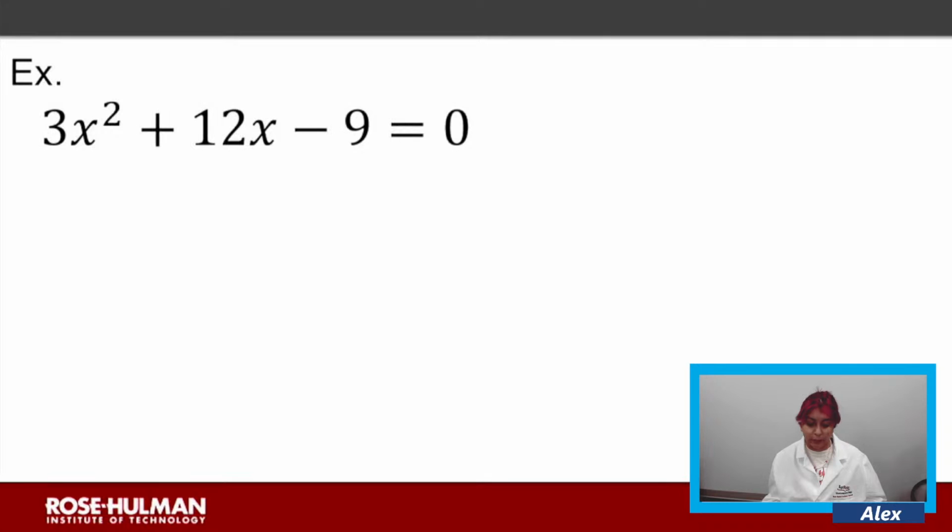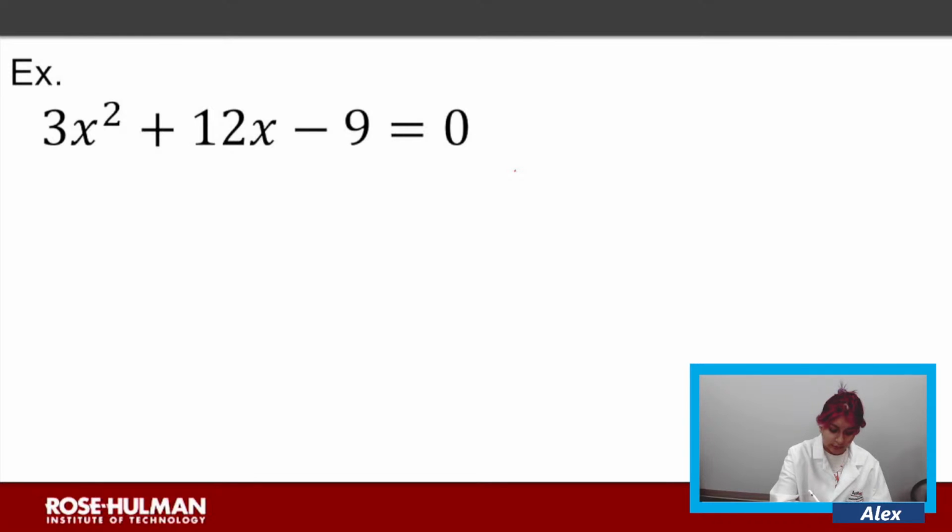And that's it for our second example. This one is a bit more challenging because instead of our a coefficient being 1, which makes things a little bit easier for us, now we have it as 3. So we actually have to do that step that we said previously. First we have to divide all of the coefficients, a, b, and c, by a.